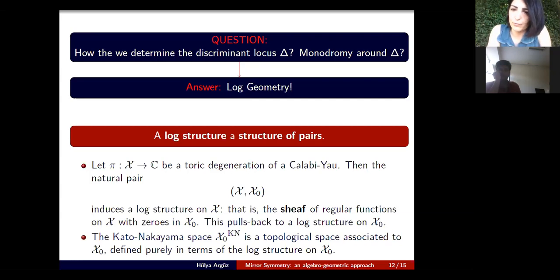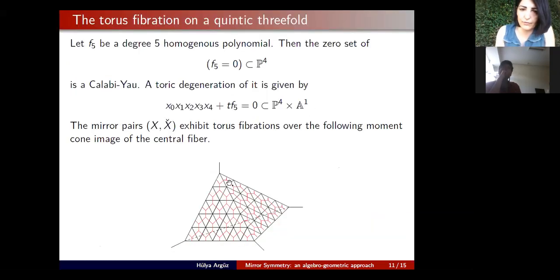And you can also pull it back to the central fiber, and you consider this sheaf on the central fiber, and this sheaf behaves well, namely it has a non-singular locus where you have these general fibers, and where this sheaf behaves badly, you get the discriminant locus of your fibration on the base of your Calabi-Yau threefold.